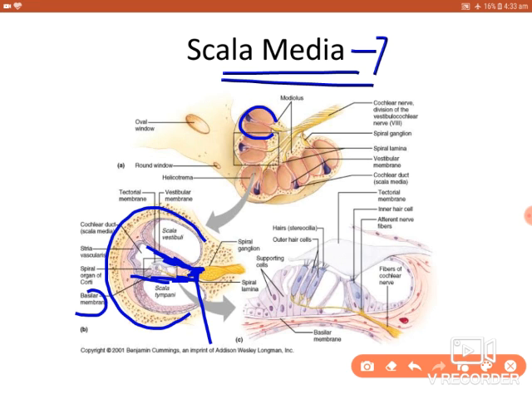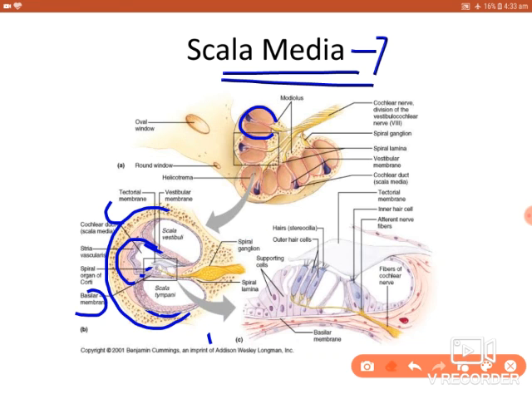So the part of the cochlear canal above the vestibular membrane is the scala vestibuli. The part below the basilar membrane is the scala tympani. In between the vestibular membrane and the basilar membrane is the scala media of the cochlear canal. There you can see the organ of Corti. This is the organ of hearing.